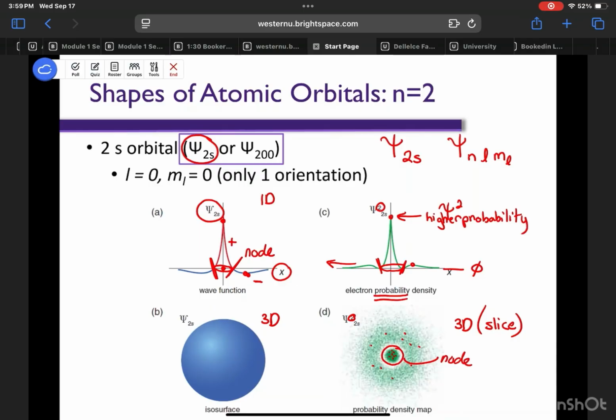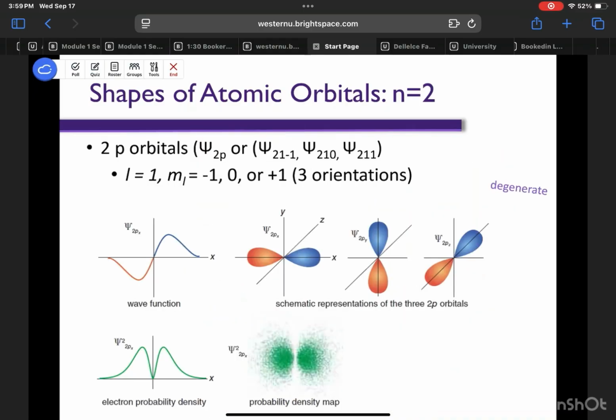Okay, so we've talked about the 2s orbital when L equals 0. We're now going to advance to what happens if L equals 1. The principal quantum number is still 2, but now the next quantum number is 1. That tells us we're looking at 2p orbitals.